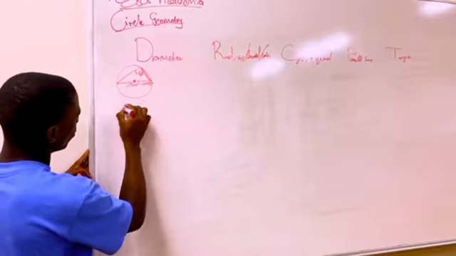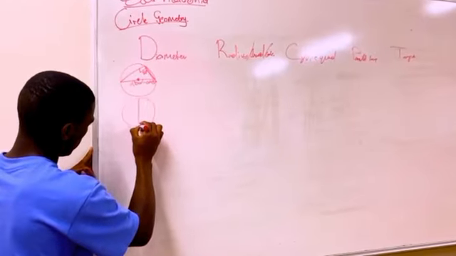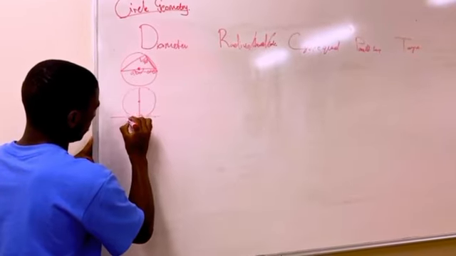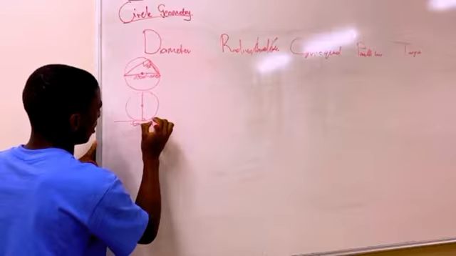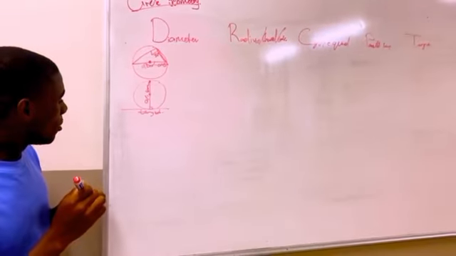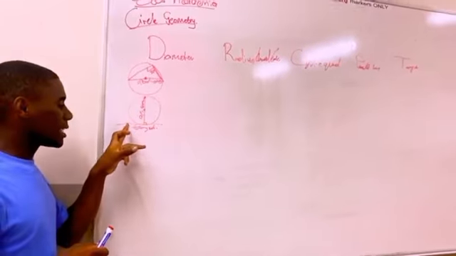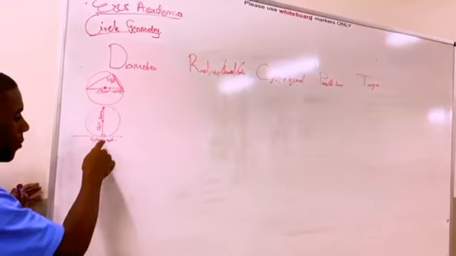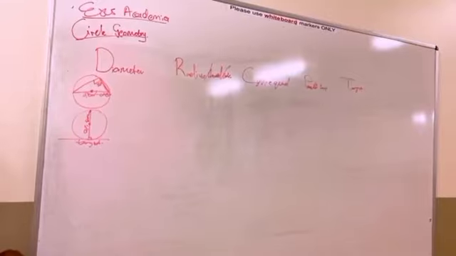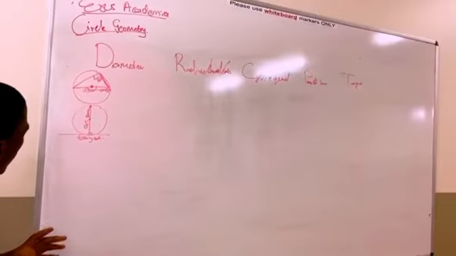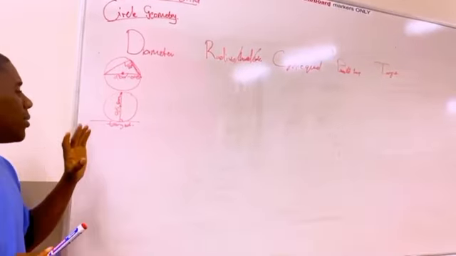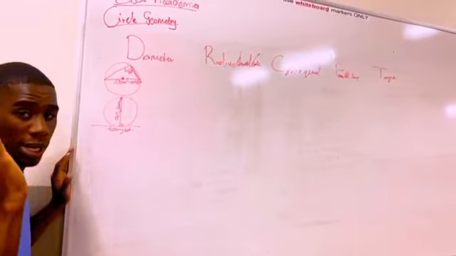Then we know that a diameter is perpendicular to a tangent. And mind you, you must know that the diameter doesn't bisect the tangent. It is just perpendicular to it. Another thing is that a diameter is a line that touches the circumference twice and passes through the center.